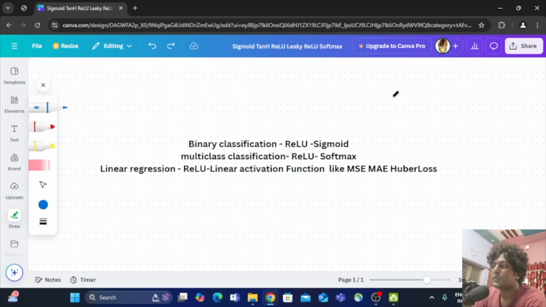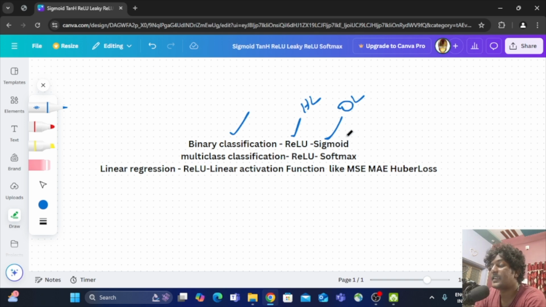And the major disadvantage is that it is sensitive to outliers. In conclusion, if you have a binary classification problem, we can use ReLU in the hidden layer, since it has no vanishing gradient descent problem, right? So you can use ReLU. And in the output layer, the activation function for the output neuron is the sigmoid activation function.